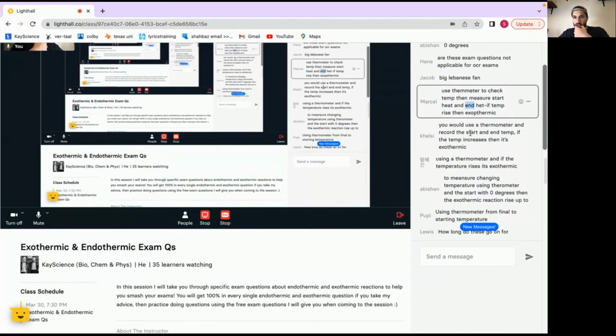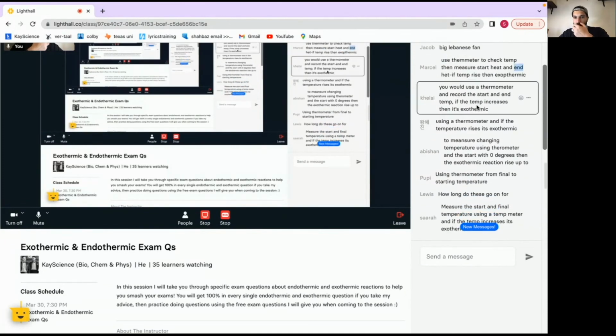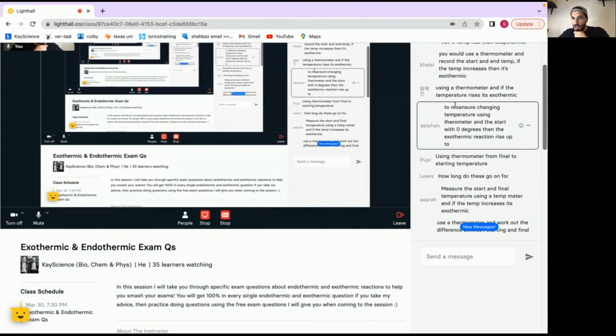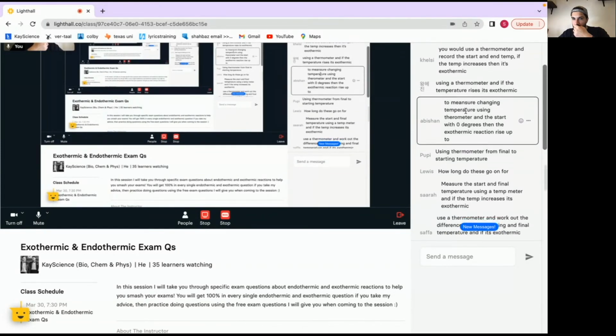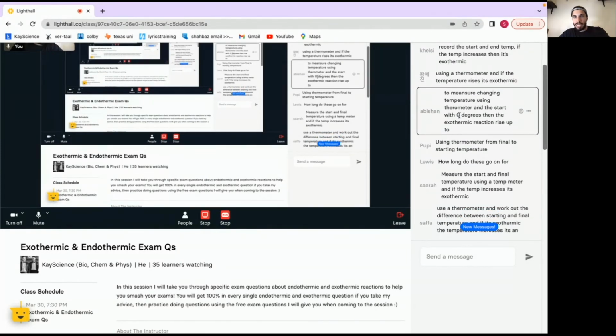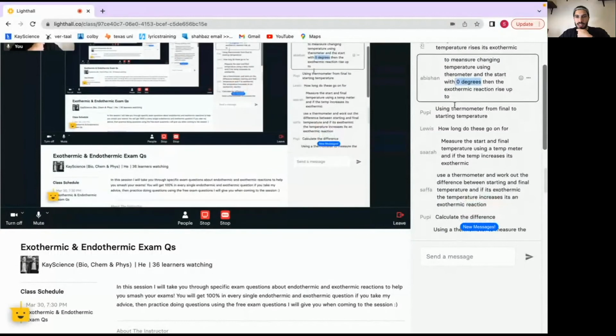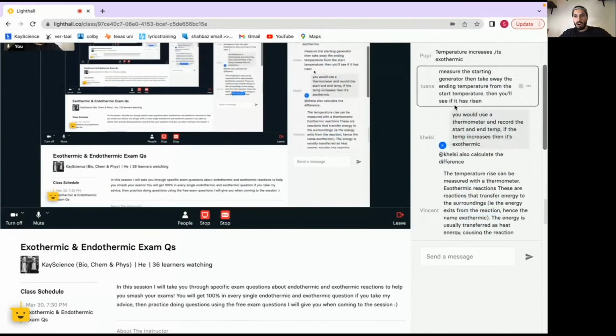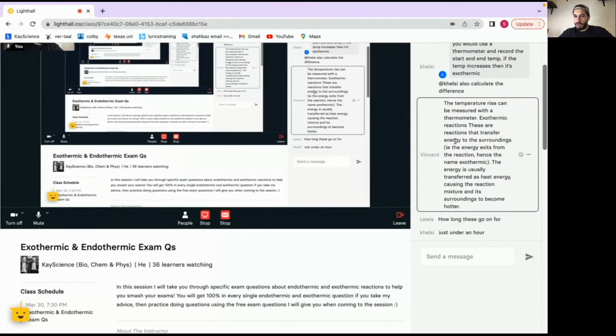If temperature rises, you need to say calculate the difference. You don't have to start with 0 degrees, Abishan. So you need to use a thermometer to measure the start temperature, the initial temperature, the final temperature, calculate the difference. If the temperature increases, exothermic. Okay, there's a lot of answers there. I'm not going to be able to read them all.